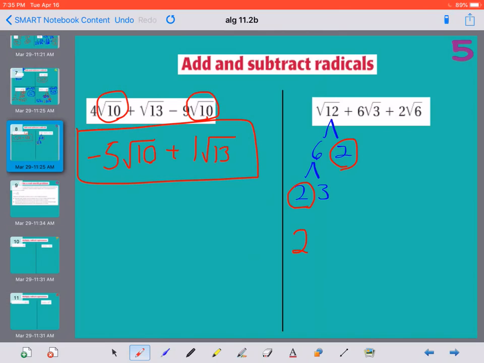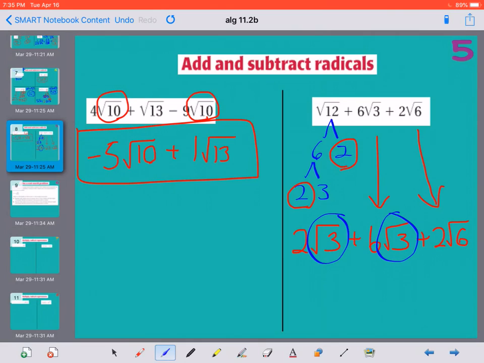So I'll have 2 times the square root of 3 plus 6 times the square root of 3, that comes down from here, plus 2 times the square root of 6. Now I see my like terms are the square root of 3's, so 2 plus 6 is going to give me 8 times the square root of 3 plus 2 times the square root of 6.